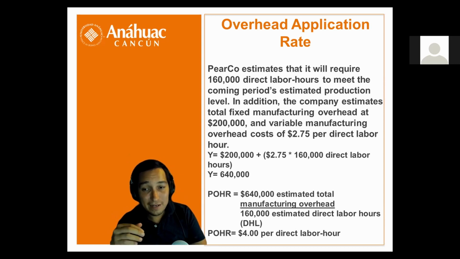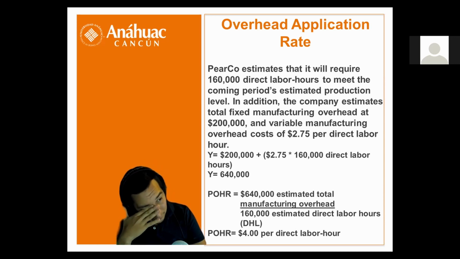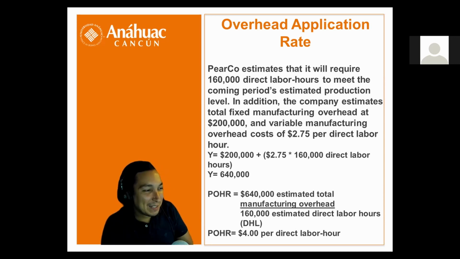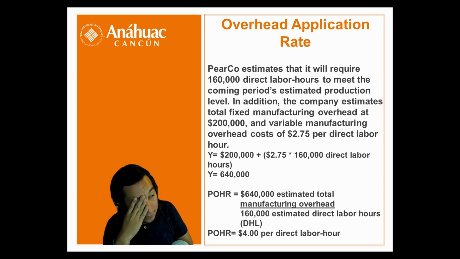So if we have an estimated total manufacturing overhead of 640,000, what is estimated total manufacturing overhead? Please explain to me what we are calculating. What is the 640,000?